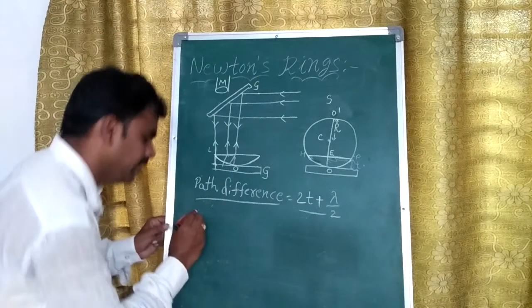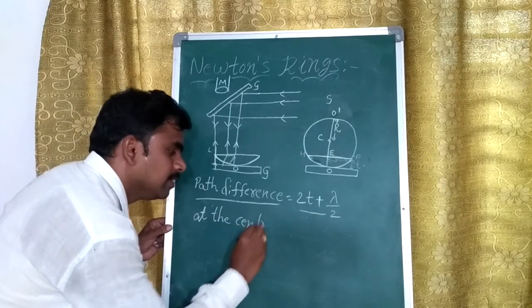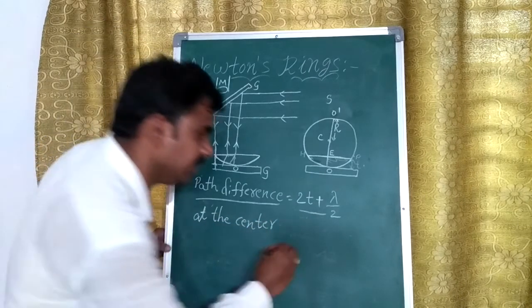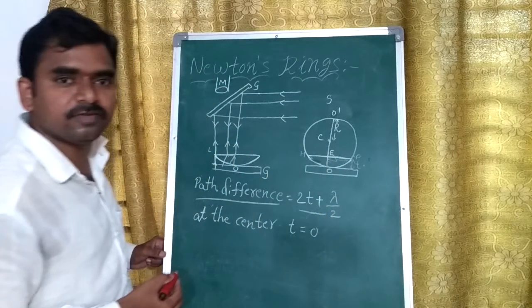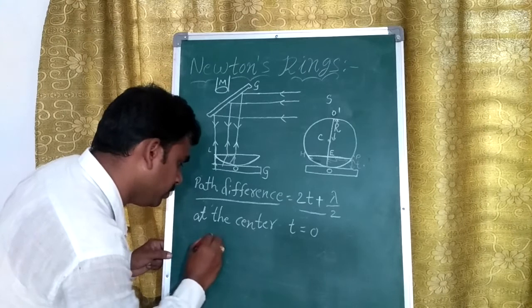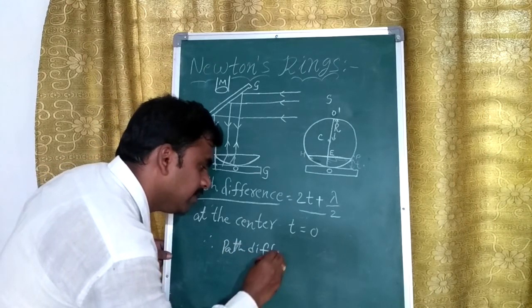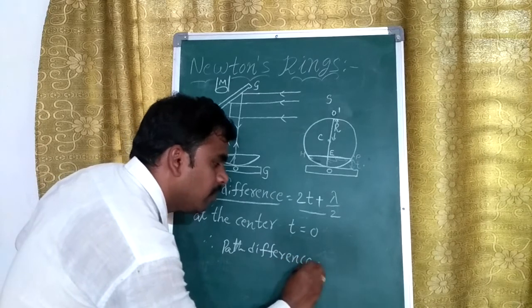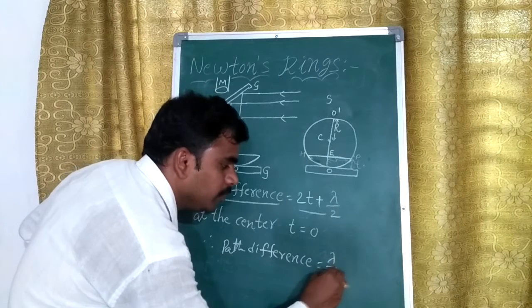For example, at the center, the thickness of the air film is t equals 0. Therefore, the path difference equals, with t equals 0, lambda by 2.